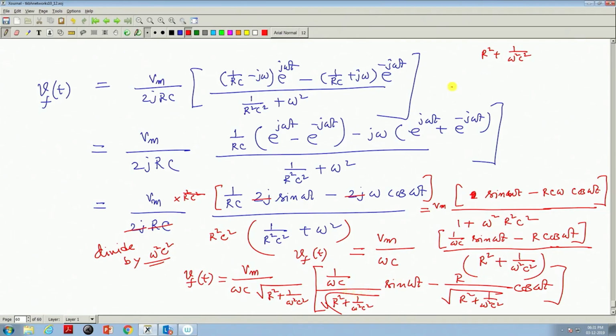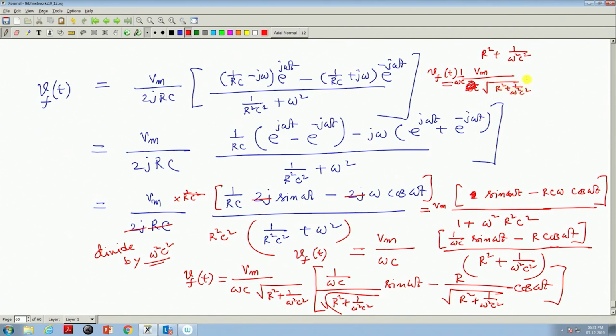So, if you do it like that, then V FT can be simply written as Vm divided by, sorry, 1 over omega c divided by root over r square plus 1 over omega square c square.